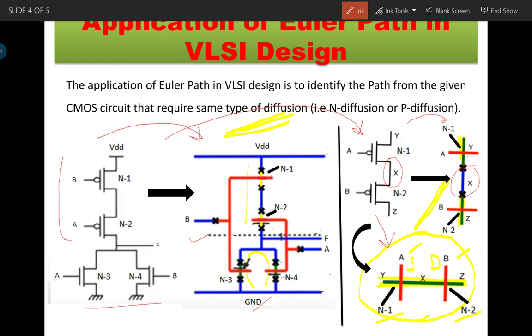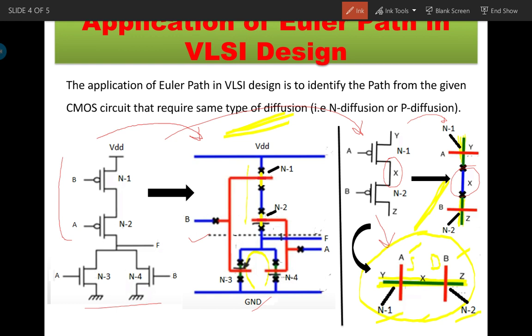So what is required for VLSI design using the Euler path? You require a circuit diagram. From that circuit diagram, you first of all trace the Euler path. That is, you trace the path that requires the same type of transistor, either NMOS or PMOS, which requires the same diffusion.